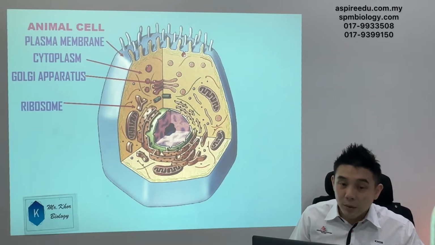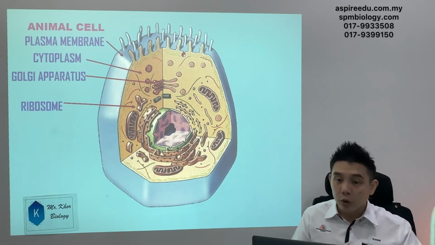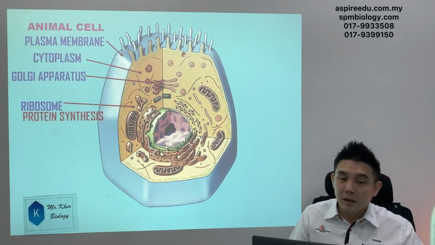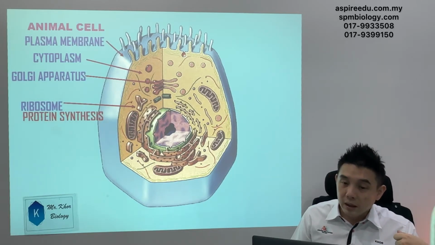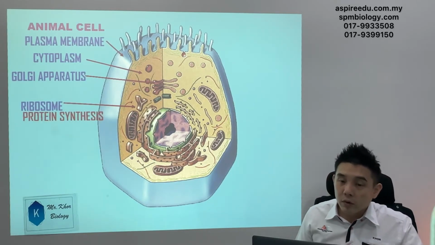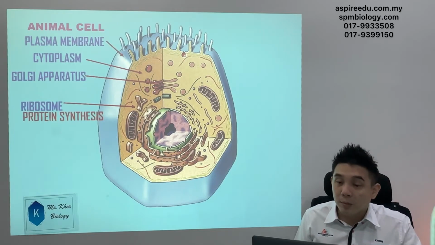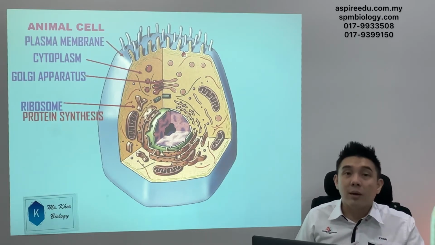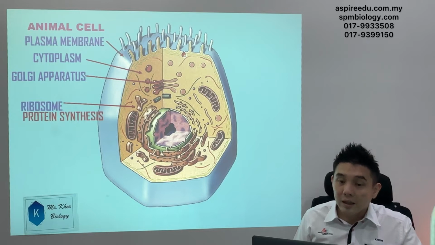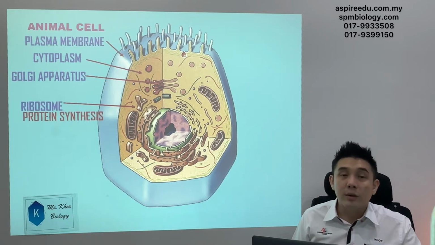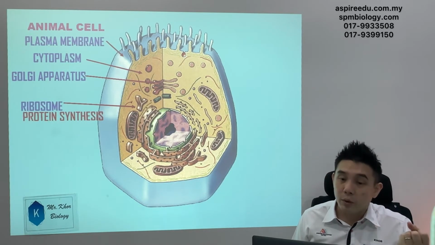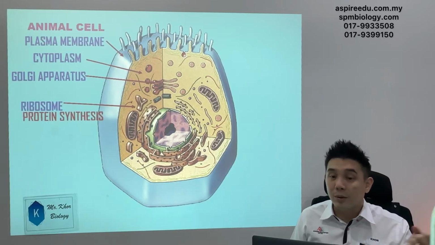This is a ribosome. You can see it's a very small dot. I'll be slowly introducing the functions to you guys. For ribosome, the function is to carry out protein synthesis. Protein synthesis means they produce protein, menghasilkan protein.